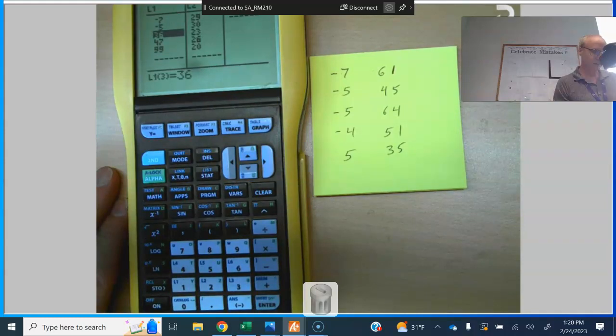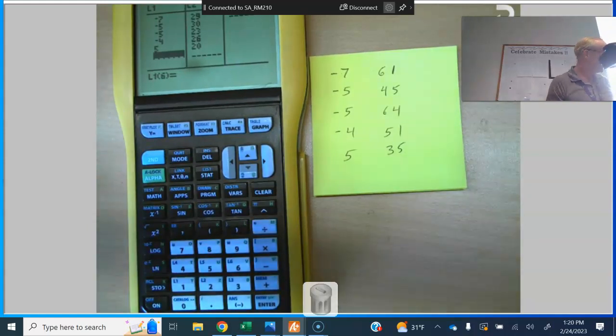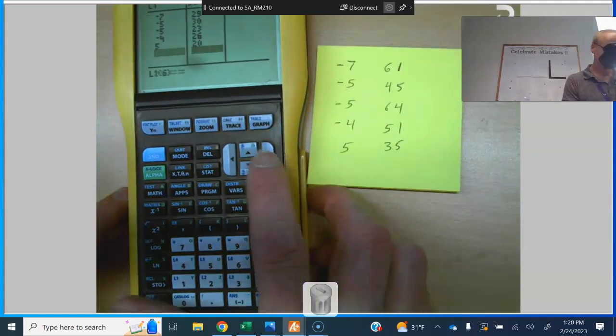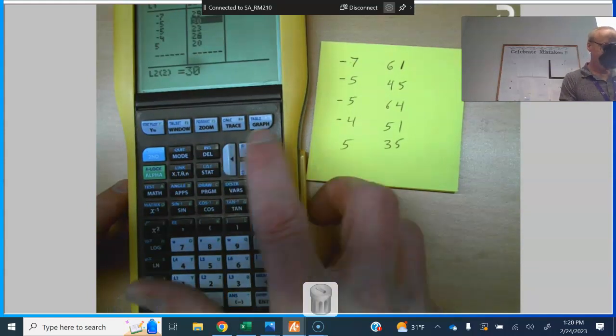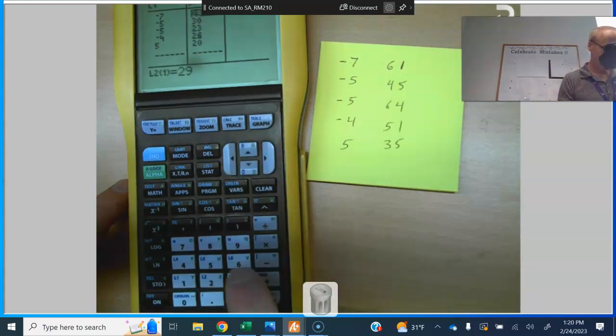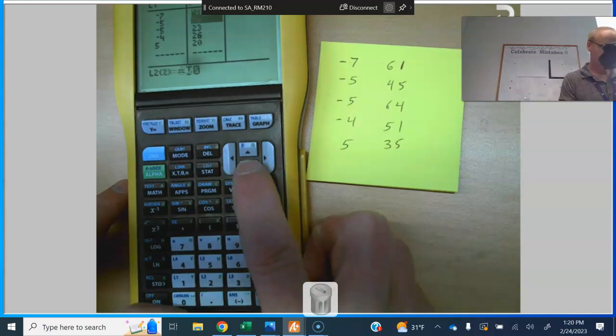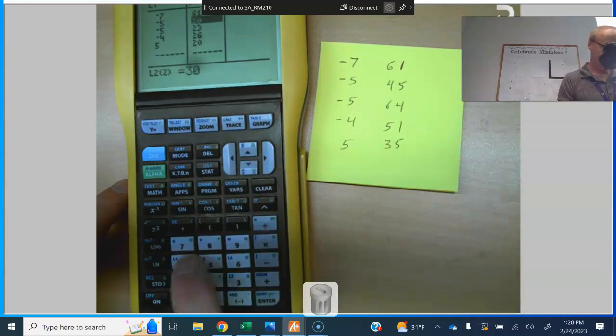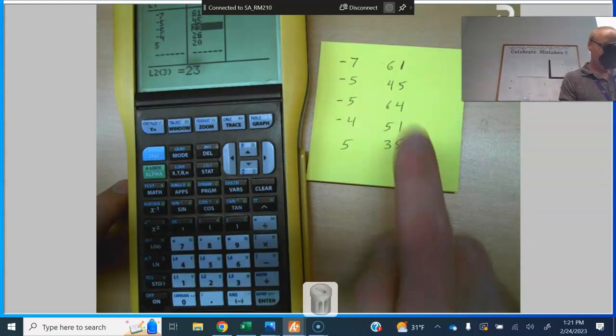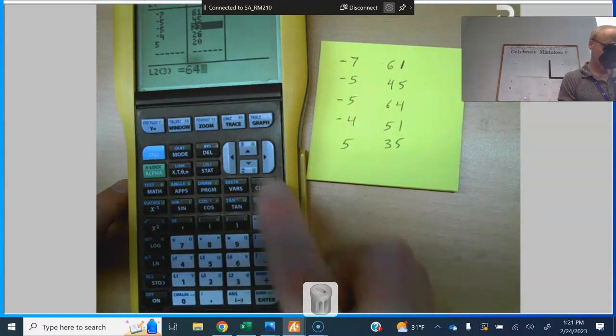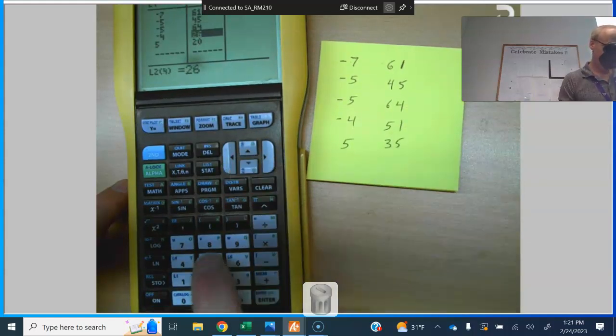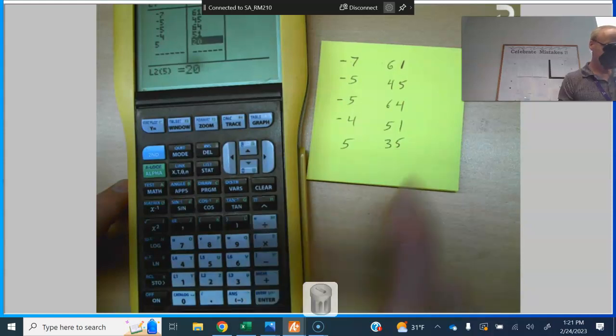Guys, you try this with me. -4 and 5. The snow depth was 61, 45, 64, 51, and 35.